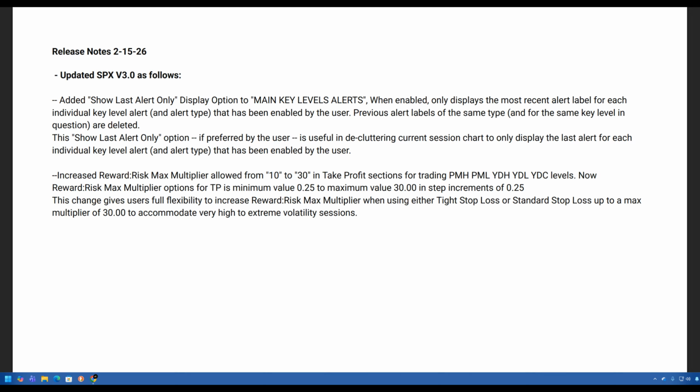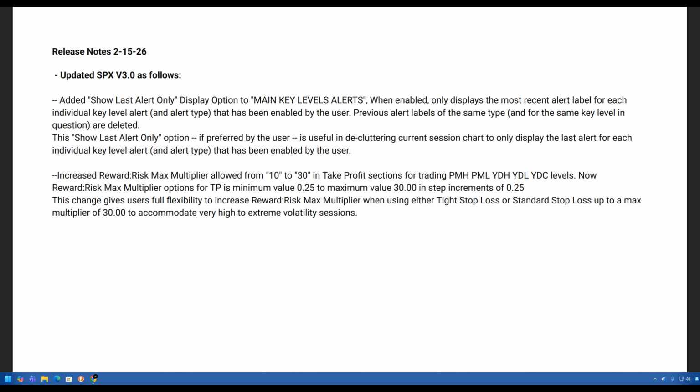In a lot of sessions, you may see somewhere between 10 and 20 in moderately high volatility sessions, but from 25 to 30 would be more of the extreme volatility sessions. And then basically from, say, 2 to 10 would cover most normal or moderate volatility sessions as far as TPs from these particular levels.